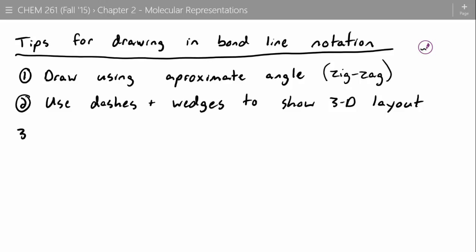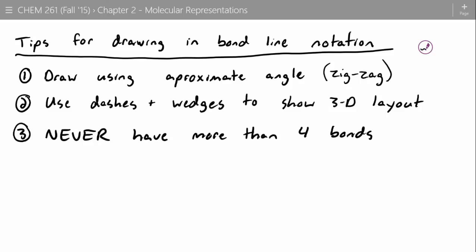All right, number 3 is arguably the most important one. I'm going to do it in all caps to show that I'm serious. Never have more than 4 bonds to a carbon. Chemists have a fancy name for this.